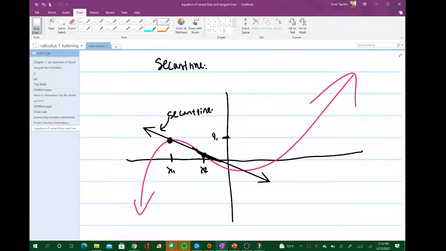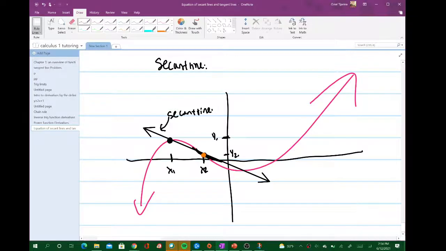Let me just color code here. This is x2, y2. This is what we call y2.